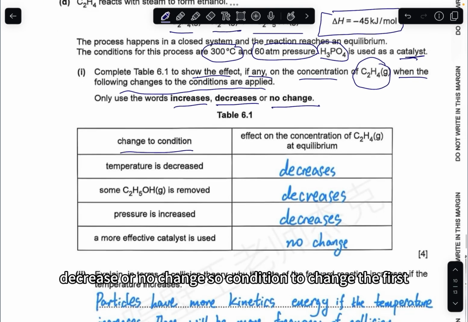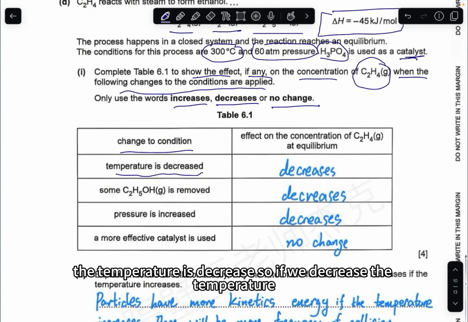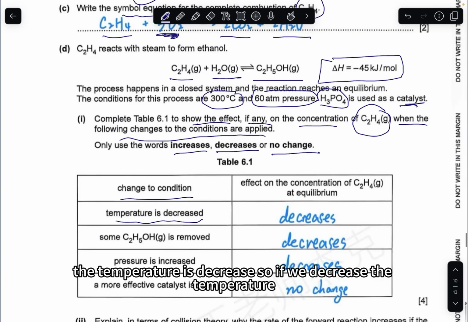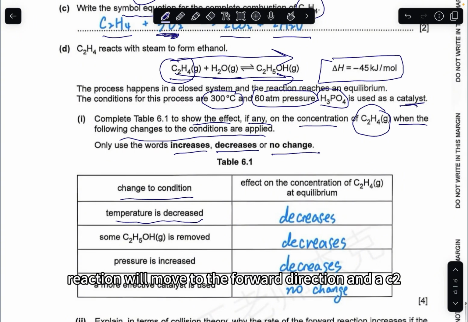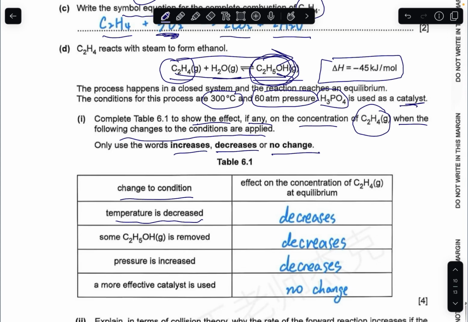The first condition change is that the temperature is decreased. As the forward reaction is exothermic, if we decrease the temperature, the reaction will move in the forward direction, and the amount of C2H4 will decrease, because more and more ethanol will be produced.